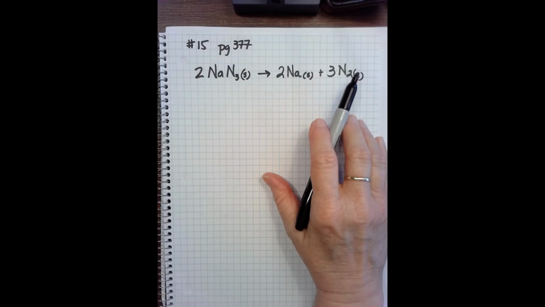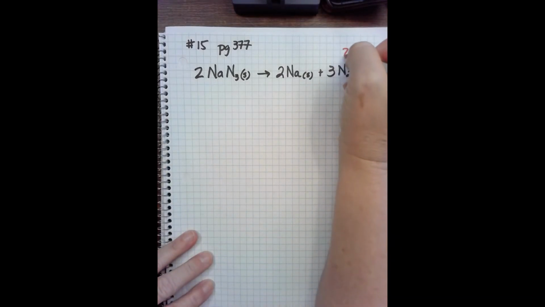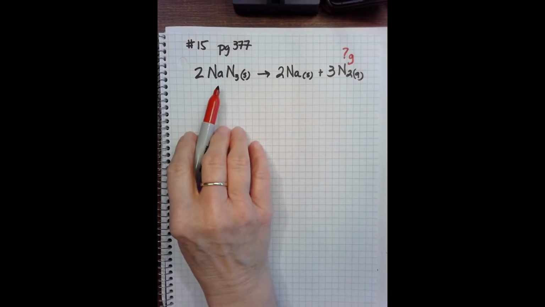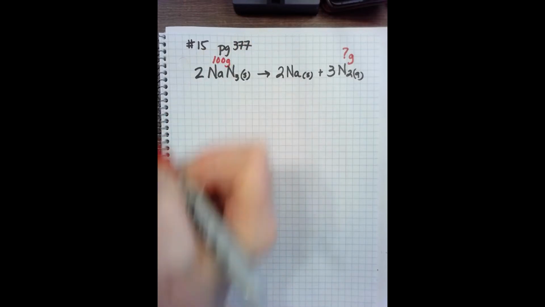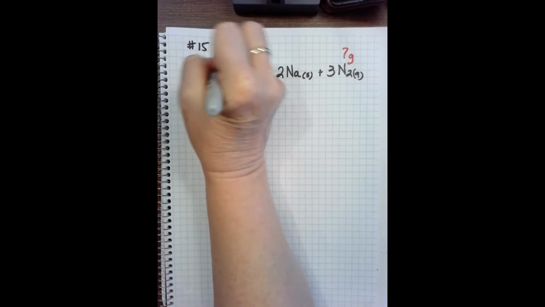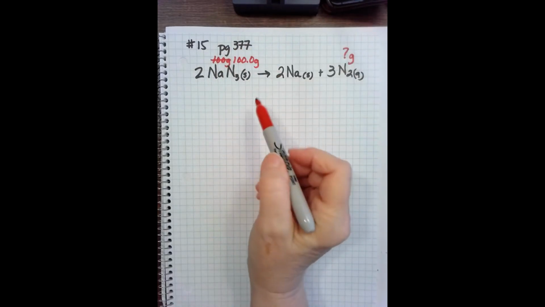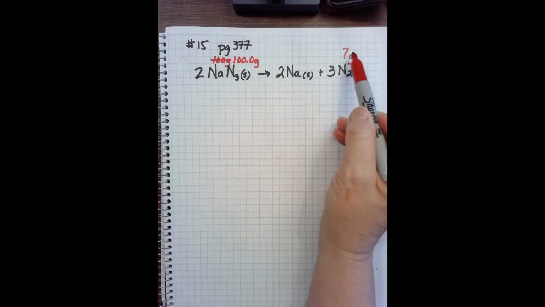And the question is, determine the mass of nitrogen produced from the decomposition of 100 grams. Actually, it was 100.0 grams. I'm going to write that again. When we have 100.0 grams of this, how many grams will we get?